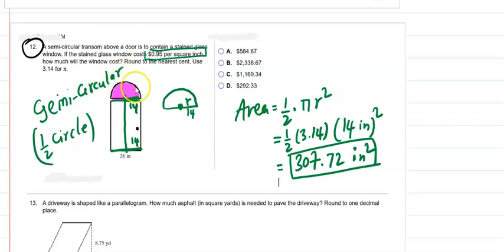So now the glass costs 95 cents per square inch. So you have this many square inches, how much does it cost?